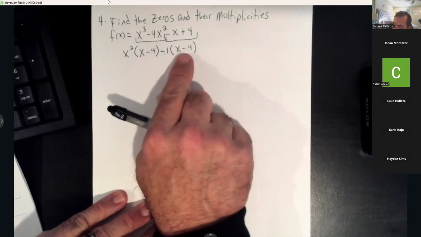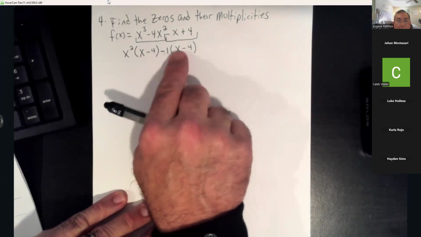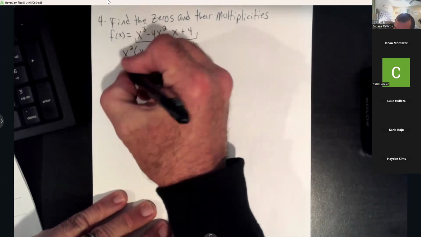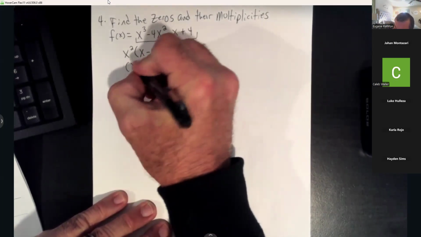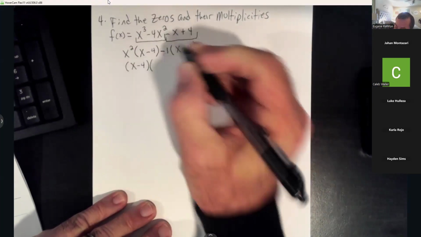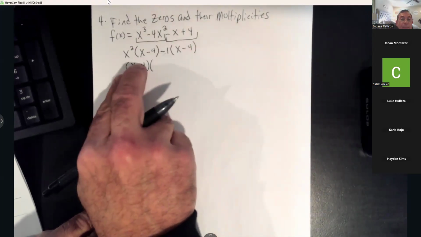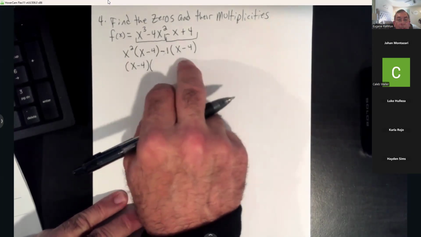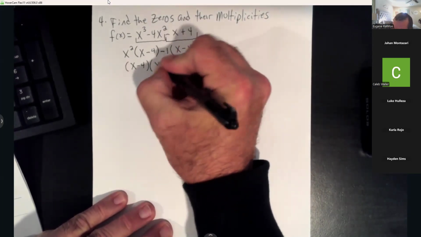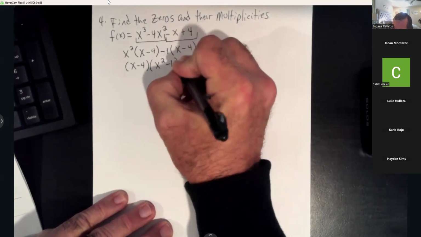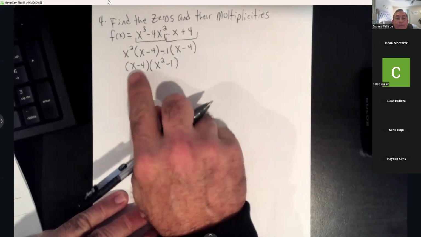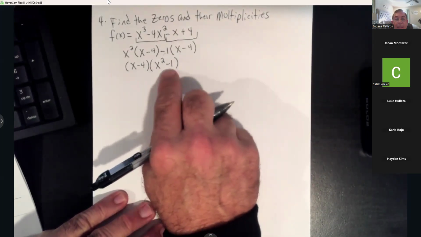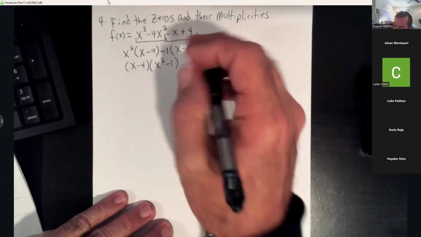So the next step, since the x minus 4s match up, we're going to factor them out like a GCF. And y'all, when we factor out that x minus 4, what's left? The x squared minus 1 goes into second parentheses. At this point, we are factored, and we're going to take this and set it equal to 0.